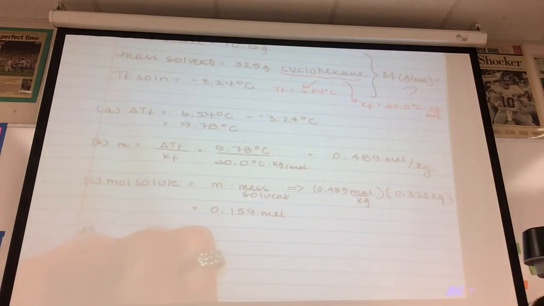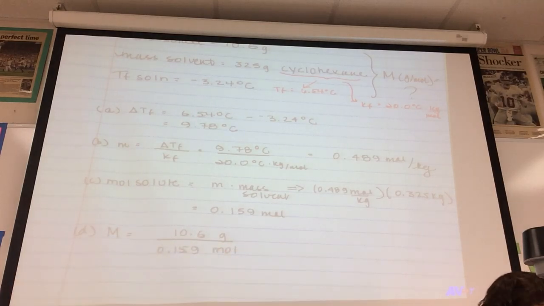And in the last step, how do we get the molar mass? It's got to be grams over moles, right? Grams was given. We worked very hard to get moles of solute. And that's 66.7 grams per mole.